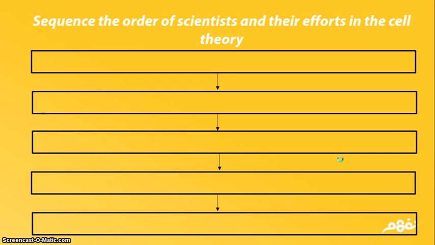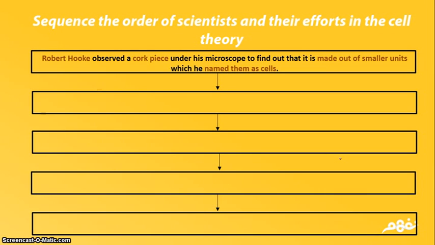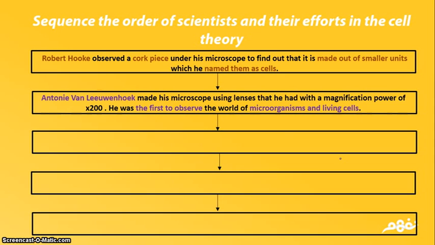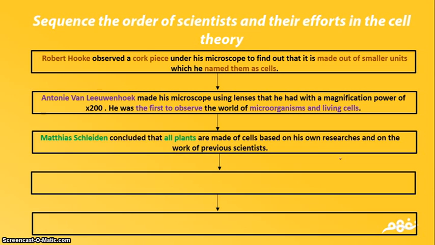At the end, we have an interesting question to sequence the order of scientists and their efforts in the cell theory. The first one we visited, who was it? It was Robert Hooke, who observed the cork piece, and he saw it was made of smaller units, which he called cells. Then we visited Mr. Antony Van Leeuwenhoek. He made his own microscope. He observed microorganisms and cells. Matthias Schleiden studied only plants, and his conclusion was only about plants, that they're all made of cells.